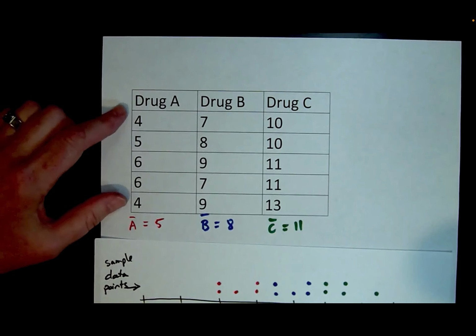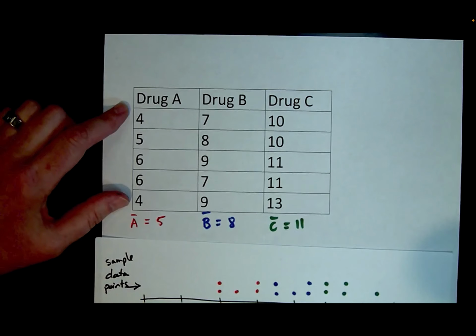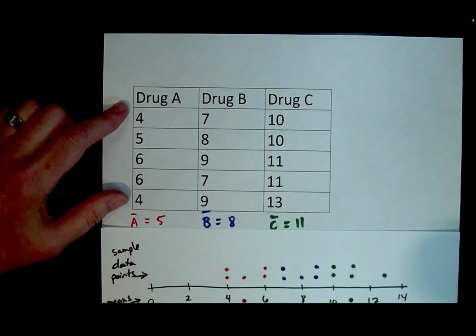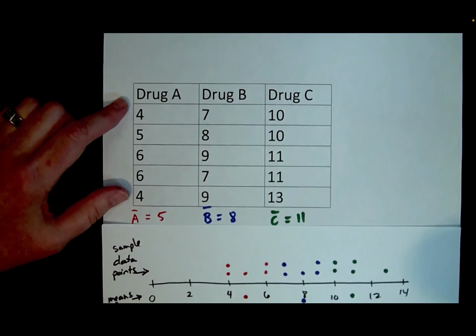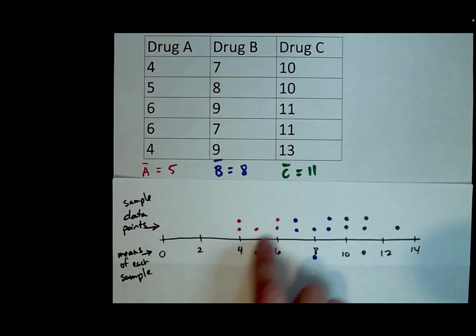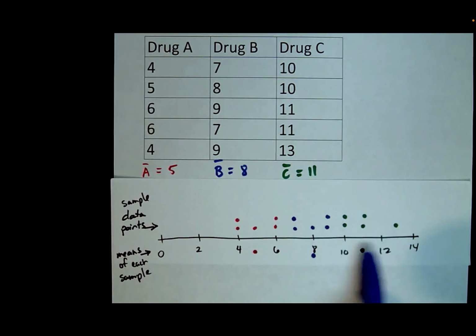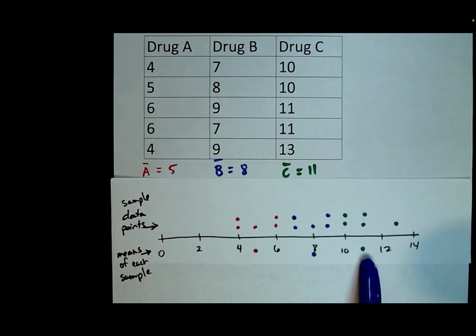Okay, so this is a sample. There certainly weren't just 5 people in the world who took drug A. Anyway, so the red dots are our best representation of the population of people that took drug A. Similarly, the blue dots are a sample of the people who took drug B, therefore they're what we've got in terms of information about that population, and ditto the green ones for drug C.